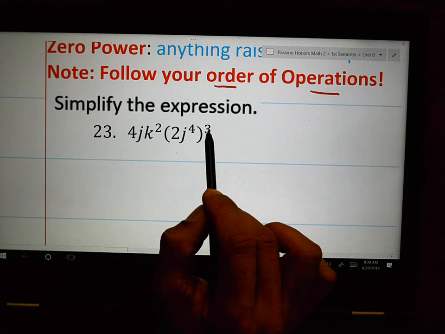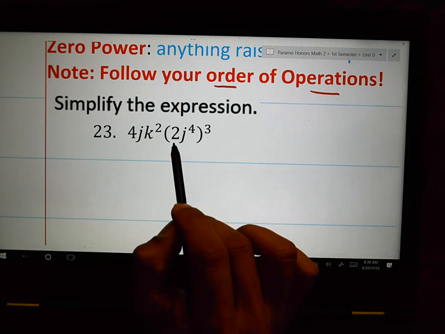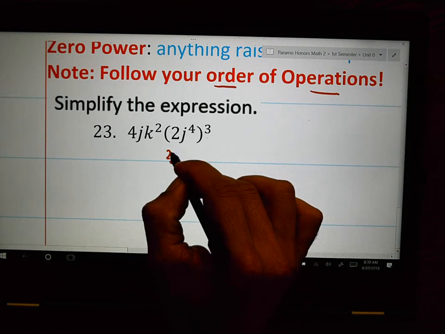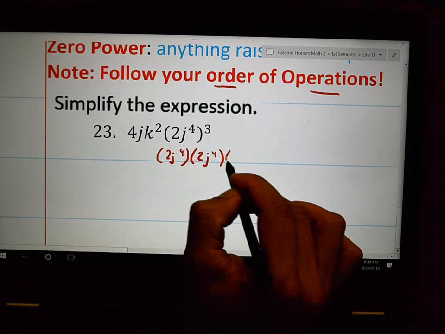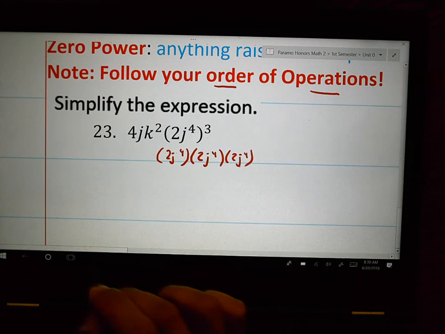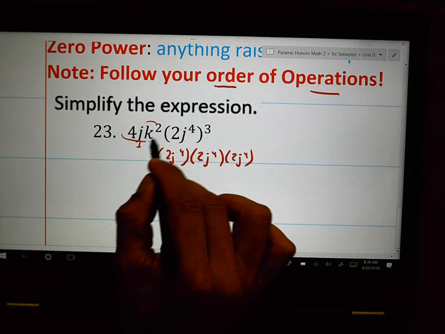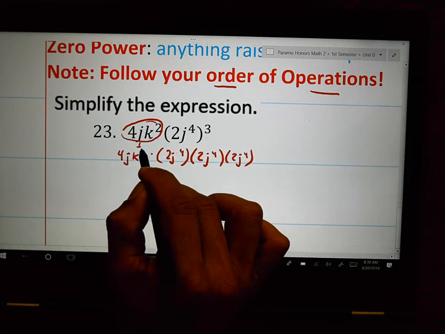It only has 3 factors of the thing that is inside the parentheses. It means that you have a 2j to the 4th. You have 3 of those. And that is being multiplied by this group here, which is a 4jk squared.